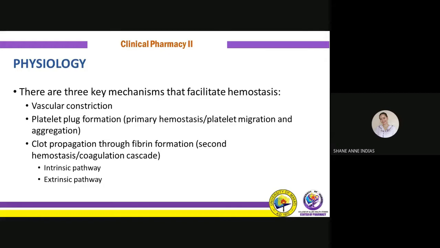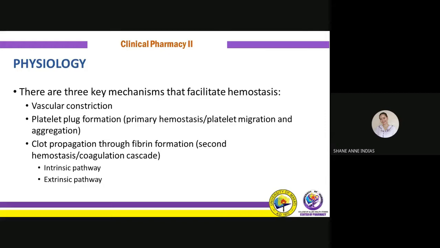And sa extrinsic pathway naman, ang exclusive factor na involved dito, exclusive meaning doon lang siya sa extrinsic pathway lang involved, parang ganun. Yung factor 7 yung sa extrinsic pathway. So again, yung exclusive factors sa intrinsic pathway, factors 12, 11, 9, and 8. Yung exclusive factor na involved sa extrinsic pathway ay yung factor 7.